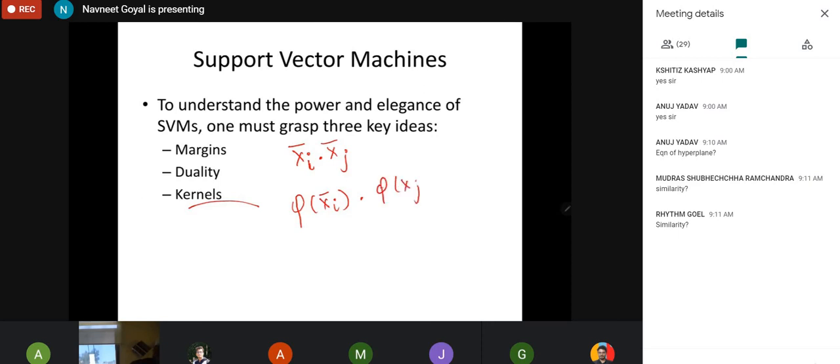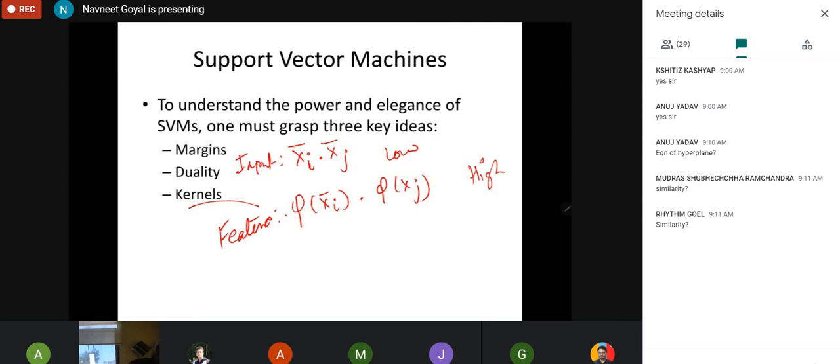Now you have moved into the feature space. So this was input space, and this is your feature space. Whatever you were doing in the input space, the same thing you have to do in the feature space. Feature space is high dimensional and input space is low dimensional, so the amount of computations goes up when you do this.